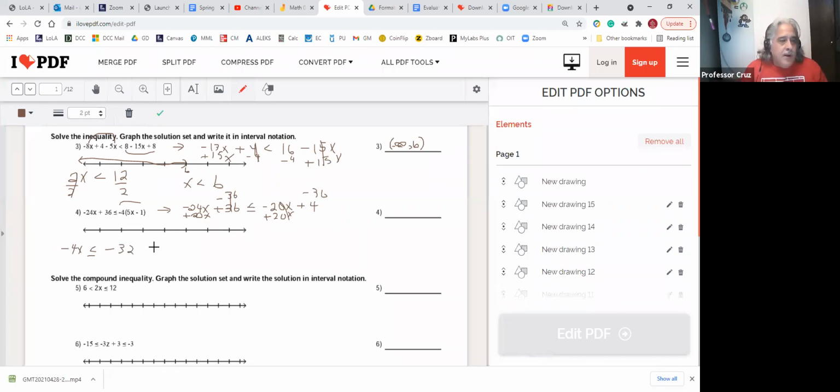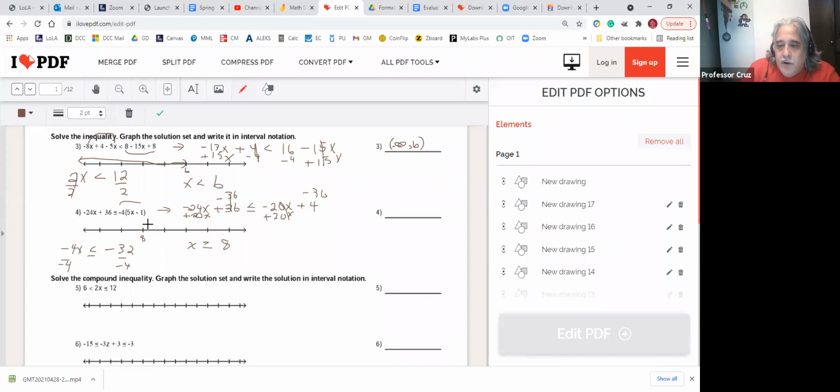All right, now here's where you got to watch out. When you got an inequality and you're solving for x and you have to introduce a negative multiplier, then what happens? It's going to turn this around. So x is greater than or equal to 8. Let's make 8 right there.